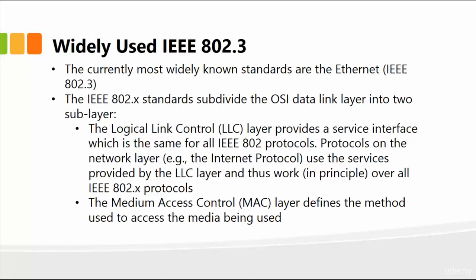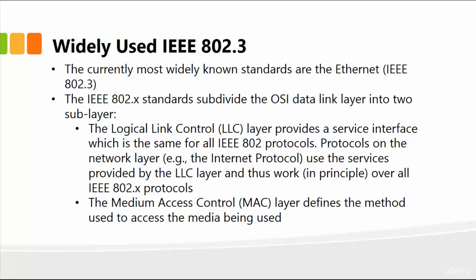The most widely used is IEEE 802.3, and you'll find it all across the networking industry. What this standard does is subdivide the OSI model, recall from our previous lessons. It has 7 layers. One of the layers is the data link layer, and it divides it into 2 sublayers. The first is the logical link control layer, known as the LLC, which provides a service interface that is the same for all the IEEE 802 protocols.